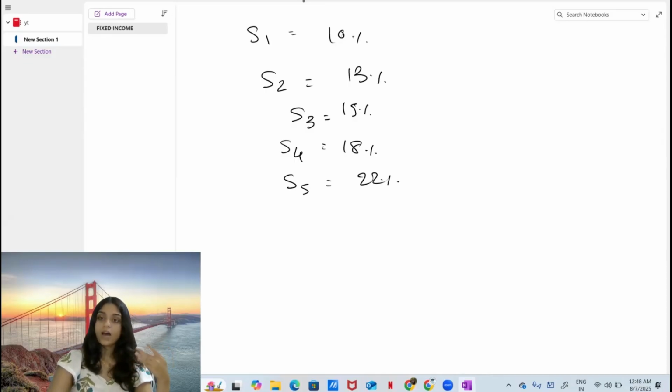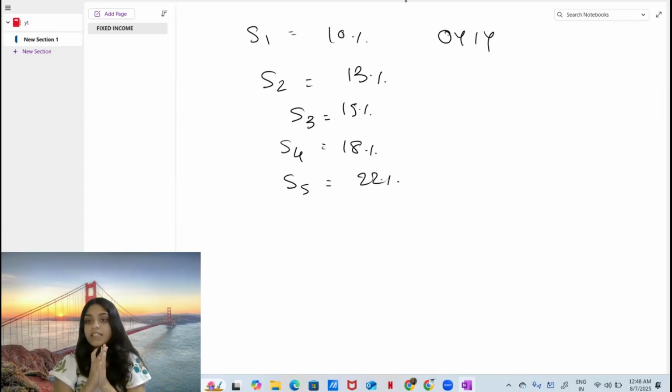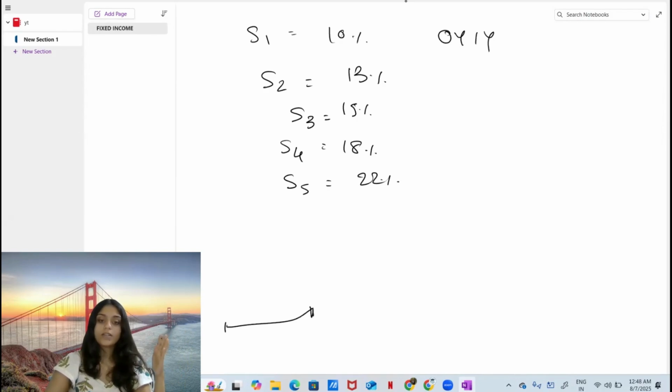Now, suppose they have asked you to calculate 0y, 1y. So, after 0 years for 1 year. So after 0 years till 1 year, this same rate will be implied for this period because there is no other fluctuation or anything else involved in this period.